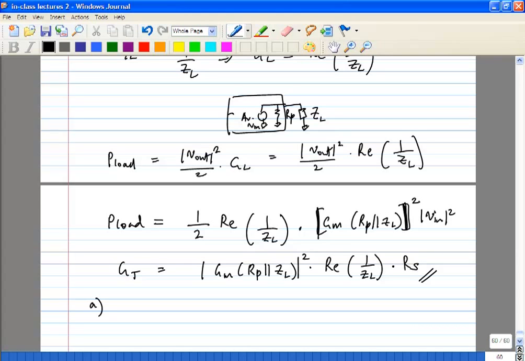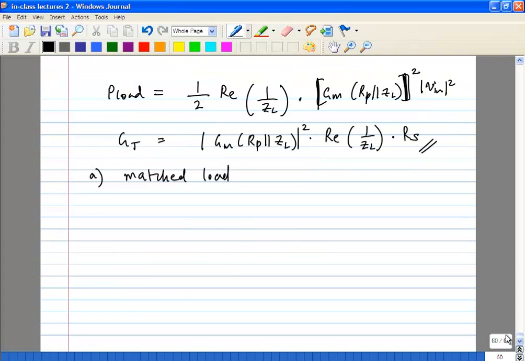Okay, so let's consider two cases. One case is, let's say the LNA is driving some output, like a filter or something, some kind of off chip case, in which case your output is matched. So our ZL is just RP, right?